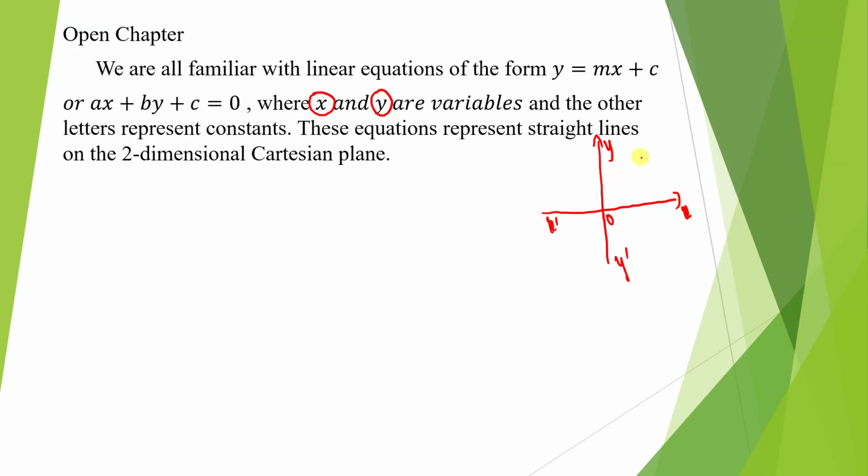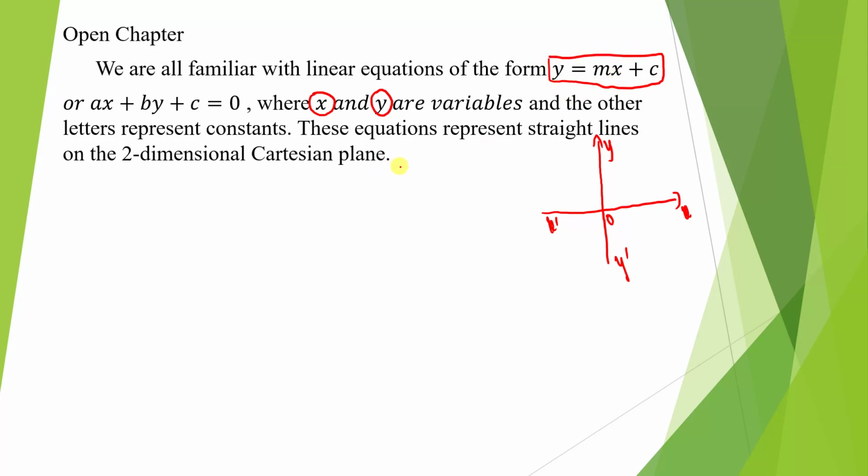So this is two-dimensional because it has only two variables, x and y. We can call it a Cartesian plane, or two dimensions. And this line is a linear equation because it is a straight line.